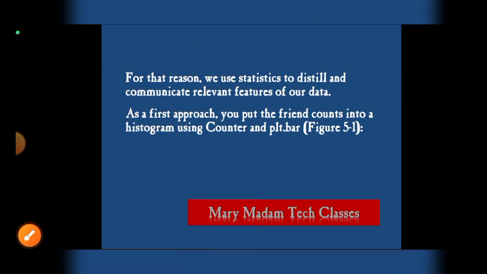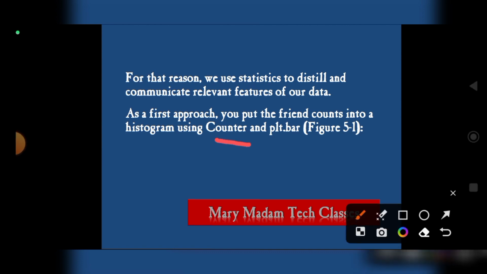For that reason, we use statistics to distill and communicate relevant features of our data. As a first approach, you put the friend counts into a histogram using Counter and plt.bar.